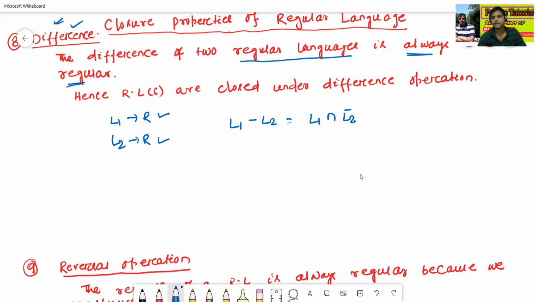This is De Morgan's law. Here, since L2 is regular, its complement is regular. L1 is regular, so the intersection of a regular language with a regular language is also regular.